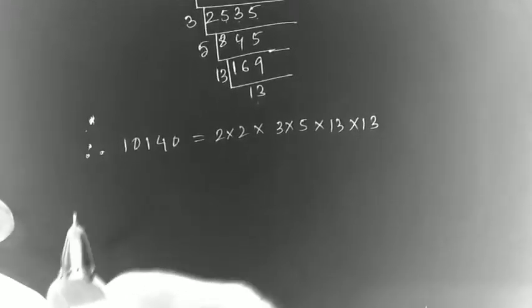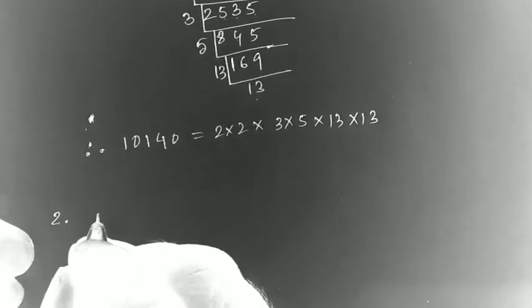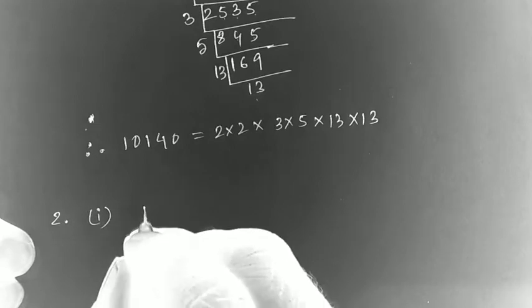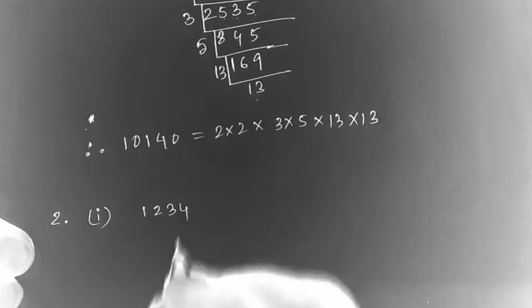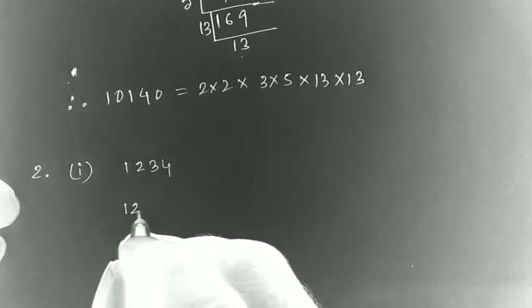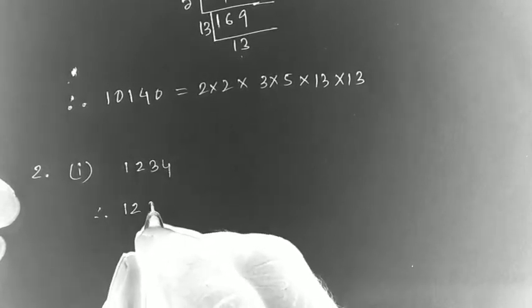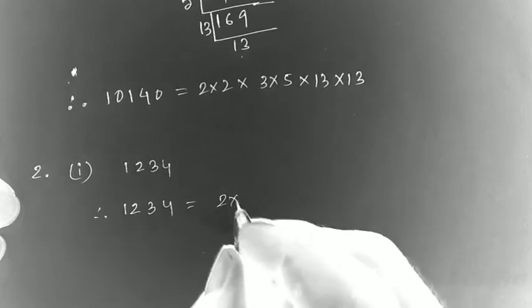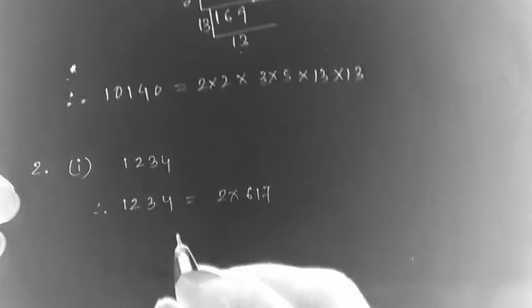So for that I am writing 1. Suppose question 1 of number 2 is like 1234. We can write 1234 as 2 into 617.